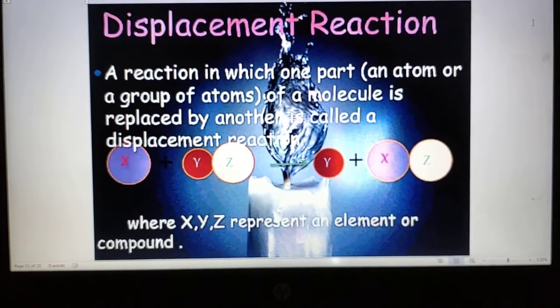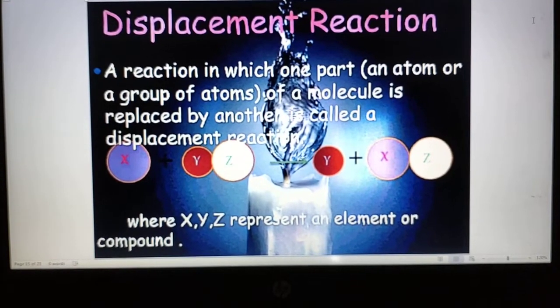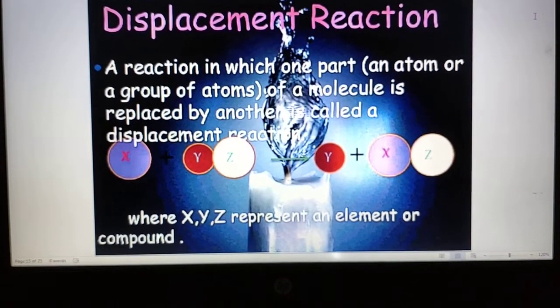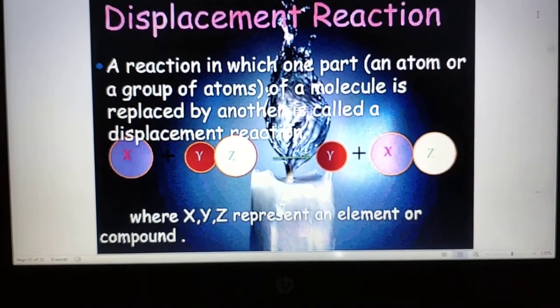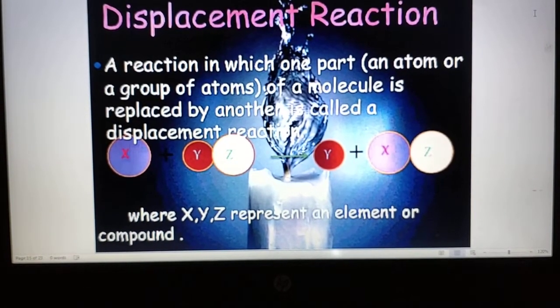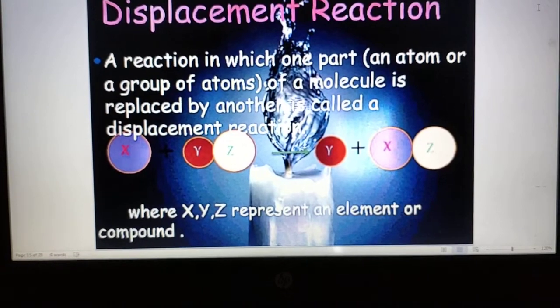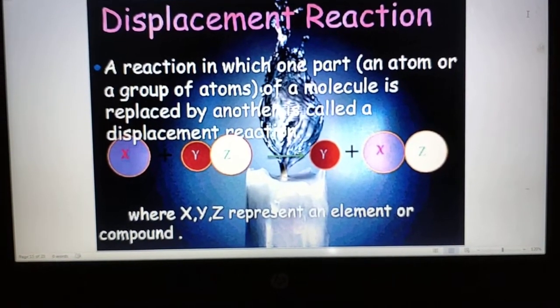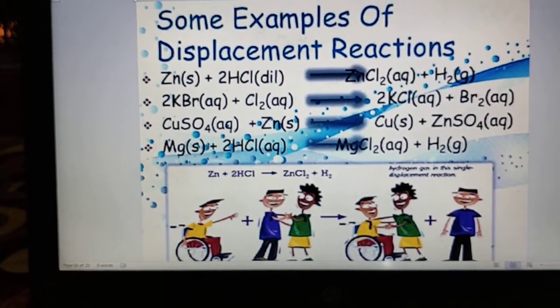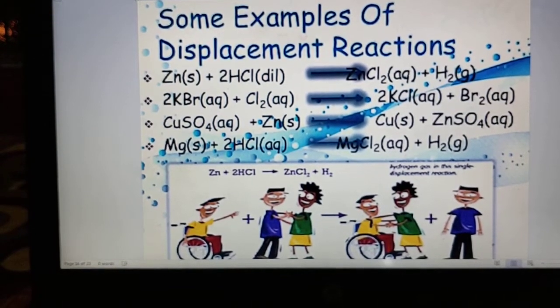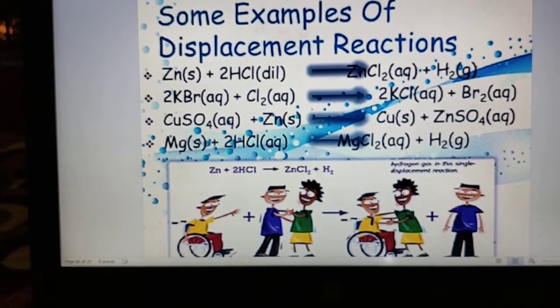What is a displacement reaction? A reaction in which one part, an atom or a group of atoms of a molecule, is replaced by another is called a displacement reaction. Here you can see some examples of displacement reaction.